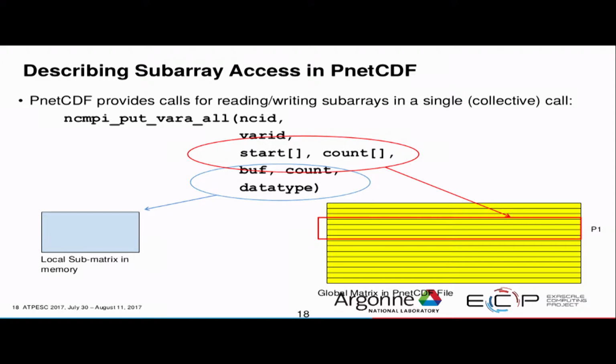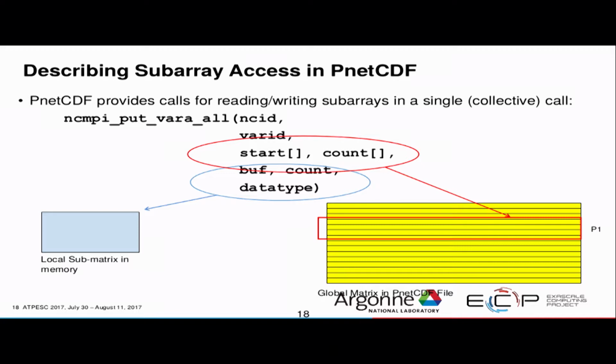Then a start and a count is all you need to describe which part of the n-dimensional array you're working with. If you're working with the entire array, say a 3-dimensional array, the start would be 0, 0, 0, and the count would be all the dimensions. But of course, we're decomposing across multiple rows, so we're going to do some math to figure out which sets of rows we're working with among all the processes, and write that out. That's the file side of things.